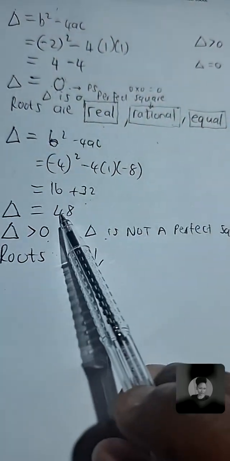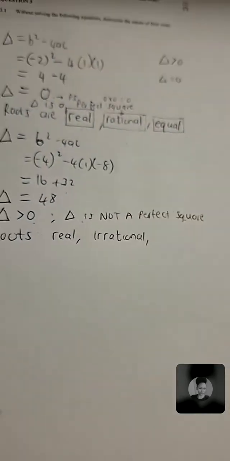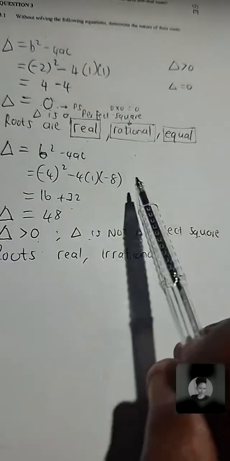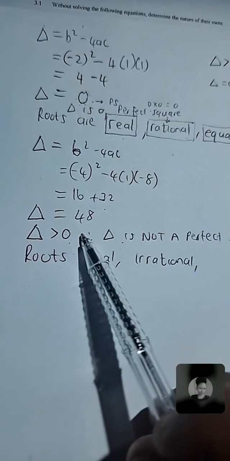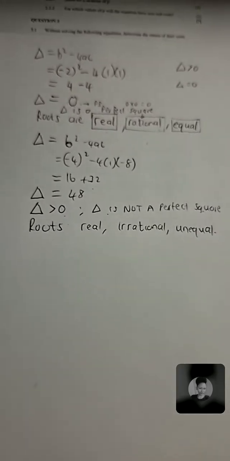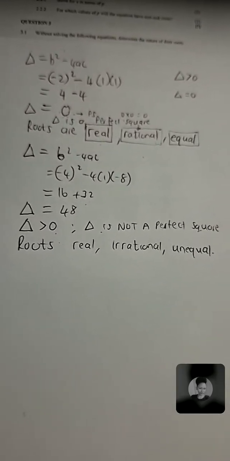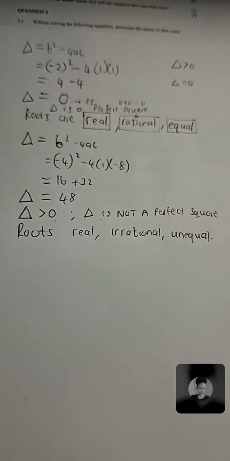But now this number 48 is not a perfect square, so the roots are irrational. And lastly, since delta is greater than 0, can the roots be equal or are they unequal? Unequal. Exactly, there we go. That wasn't so difficult, was it? Okay. Are we good?